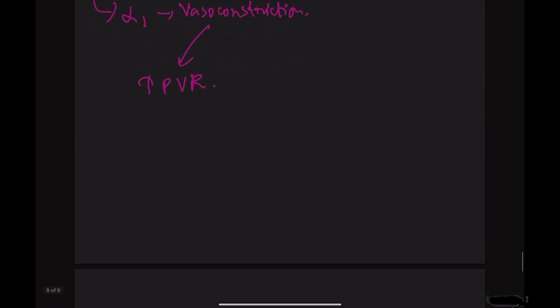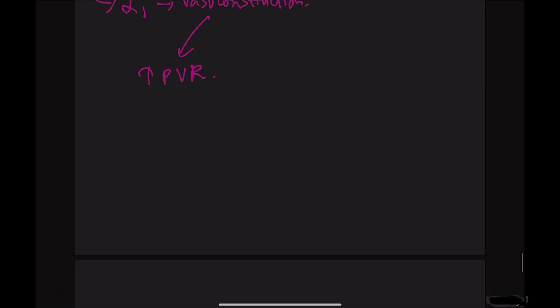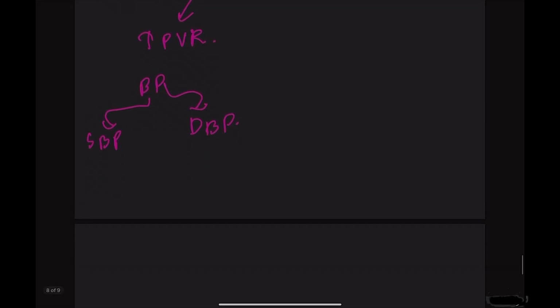So we know that there are two types of blood pressure, systolic blood pressure and diastolic blood pressure. Due to increase in the peripheral vascular resistance, diastolic blood pressure gets increased.